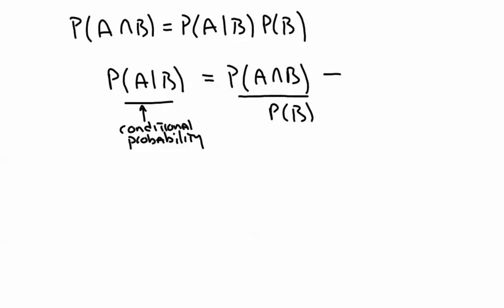In the numerator, we have a joint probability, the probability of A and B occurring simultaneously. And in the denominator, we have what's known as a marginal probability.